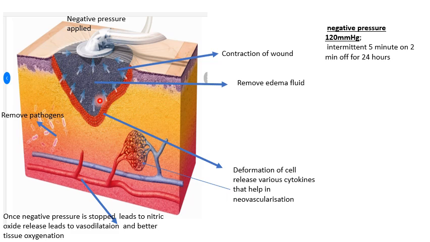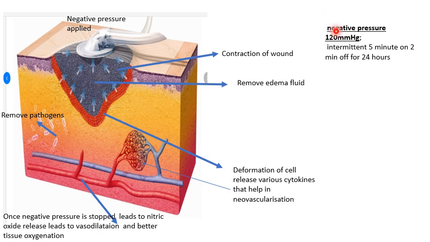Most of them are beneficial cytokines which help in wound healing. They will lead to neogenesis, more vasculature, more oxygen, better efficient cell physiology. Not only that, the negative pressure will remove the pathogens also. So these are the various physiological principles behind applying wound pressure.